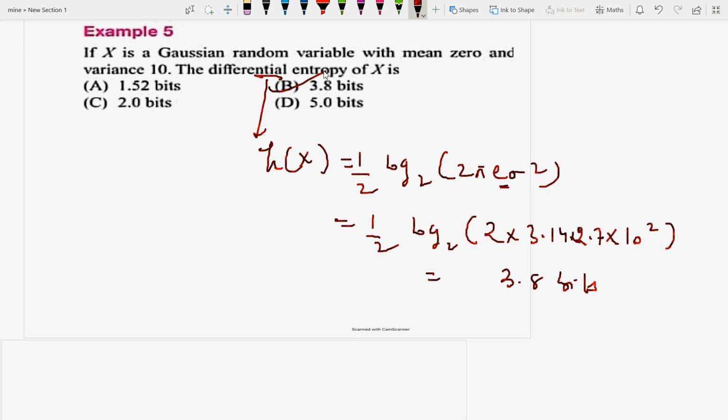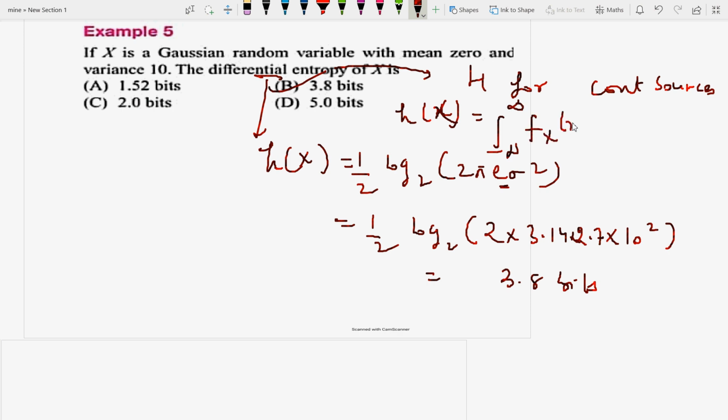So this is the right thing. What you should know is that the differential entropy is used to calculate the entropy for continuous sources. That means H of X is equal to the integral of f X of x log base 2 of 1 upon f X of x dx.